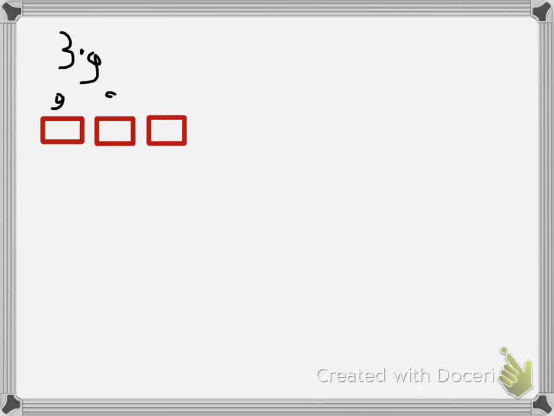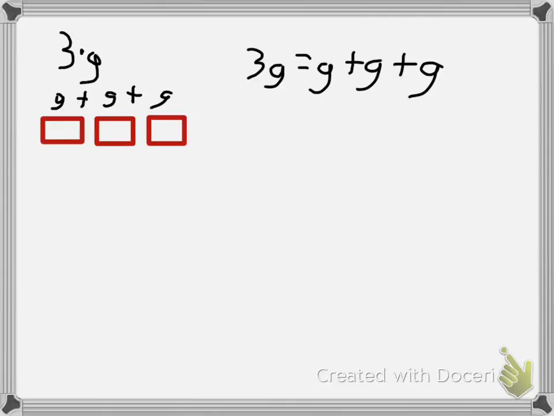And again, this would be a g, this would be a g, that would be a g. If we think back to what we just saw on the last slide, really this would be g plus g plus g. So if we have the expression 3g or 3 times g, that's the same thing as having g plus g plus g.